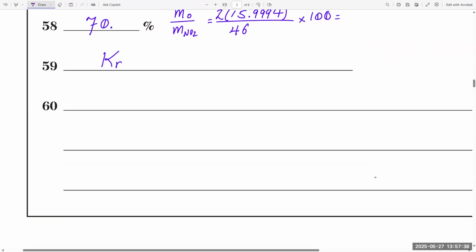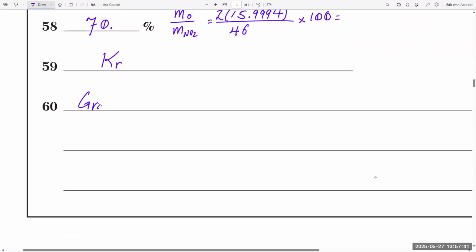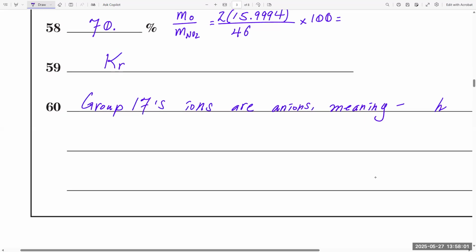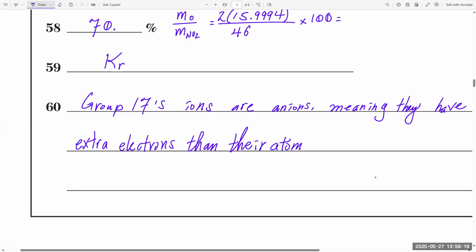So then, really, in the end, the answer would be: group 17's ions. You've got to first state what kind of ions they are, because there are 2 types, cations and anions. These are anions, meaning they have extra electrons than their atoms, right?